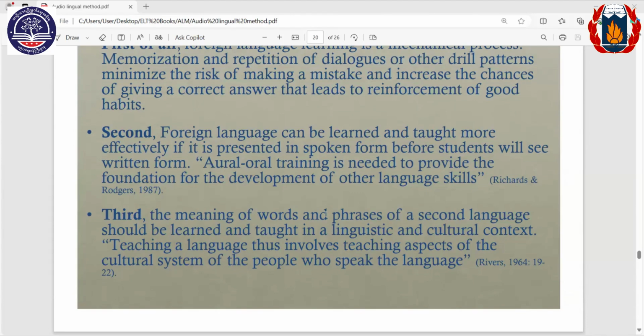It is difficult to separate culture from language. So while teaching the language, as a teacher, you need to explain their culture. If not, the student will not understand well why they use certain expressions. That's why the cultural system of the people also needs to be learned by the student.